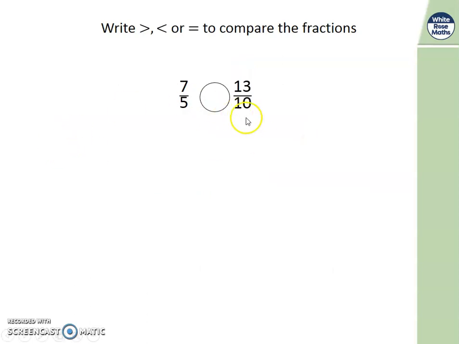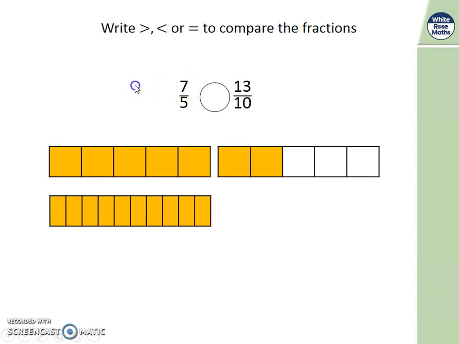Let's have a look at these. Now, nothing is the same. So we have to think about which rule we're going to follow to help us with this one. Now, 7 and 13, there's not really a relationship. But with 5 and 10, there is. So we could double 5 to make 10. Whatever we do to the denominator, we do to the numerator. Double 7 makes 14.